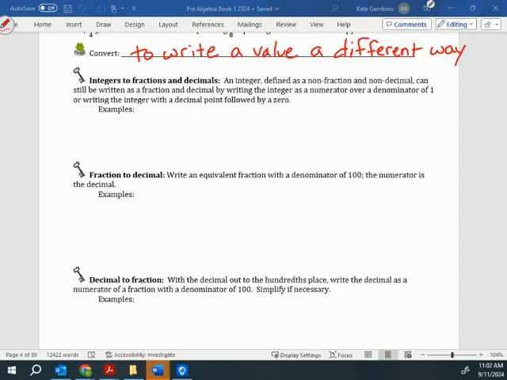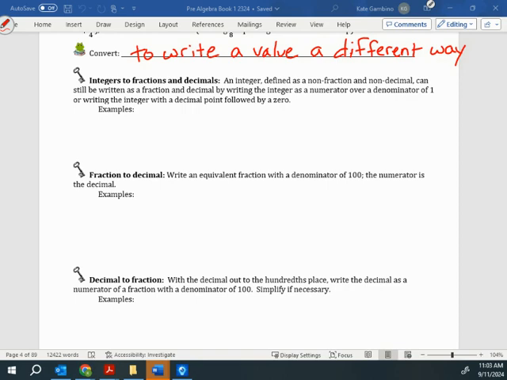So integers to fractions and decimals. An integer defined as a non-fraction and non-decimal, remember if it's an integer you can't have those, can still be written as a fraction and decimal by writing the integer as a numerator over a denominator of 1.